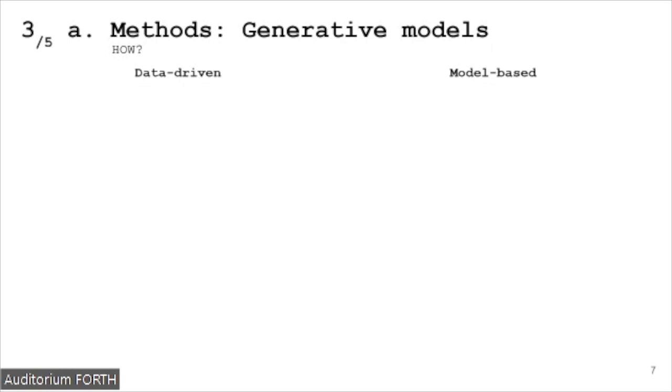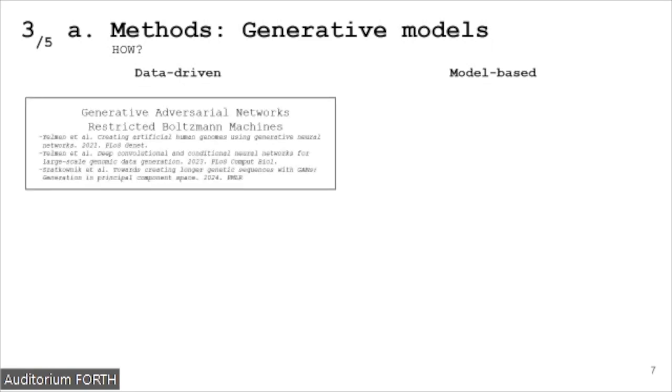So there are two families of generative models, the data-driven ones and the model-based ones. The data-driven ones are deep learning-based. So you have, for example, generative adversarial networks or restricted Boltzmann machines. These were tried by Yelmen et al. in 2021 and 2023 to generate genomic data.